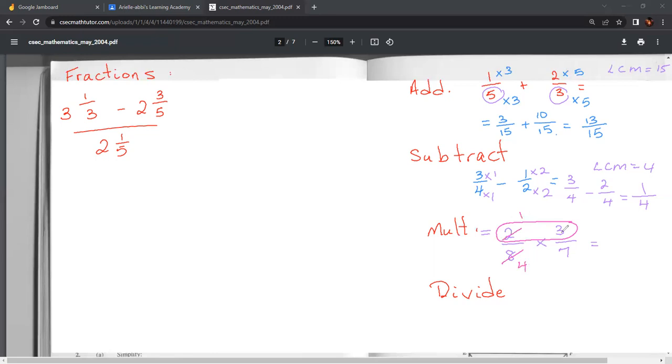So I have 1 and 3 left now to see if any of them can be used to break down 4 and 7. Now, nothing else can be broken down. So once there's nothing more to break down, I multiply numerator by numerator and denominator by denominator. So 1 times 3 is 3 over 7 fours. 7 fours are 28.